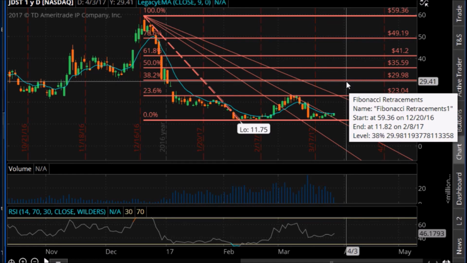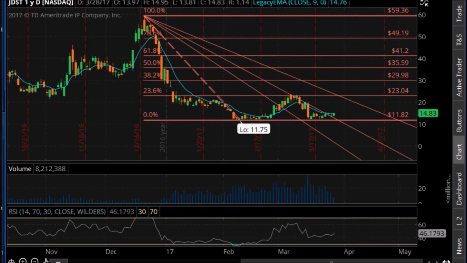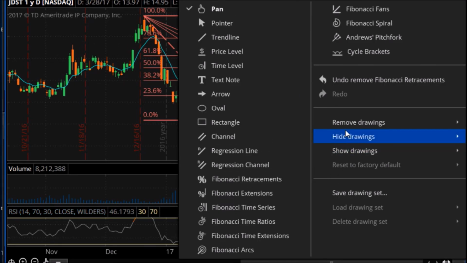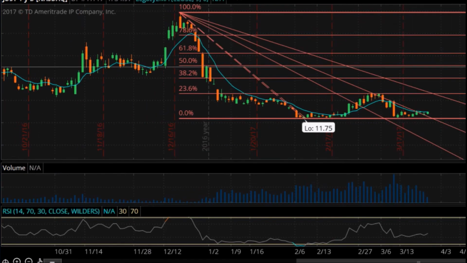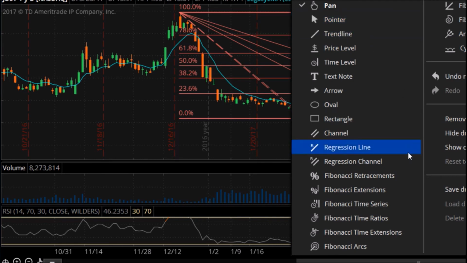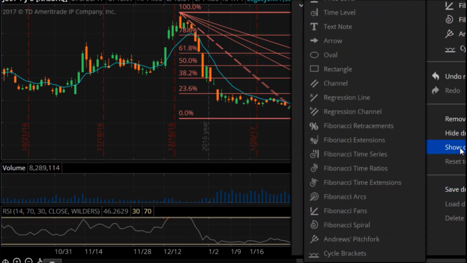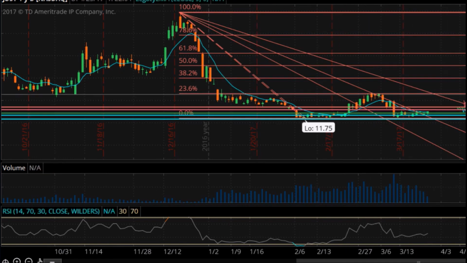Now, what I want to show you is the proprietary algorithms that we use that basically give us a very, very clear picture of what we can expect.